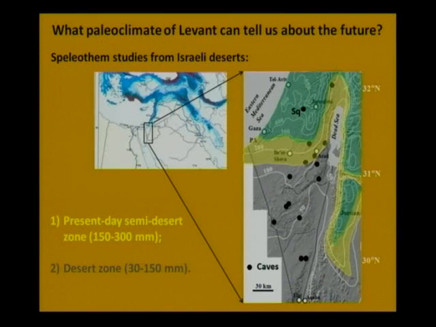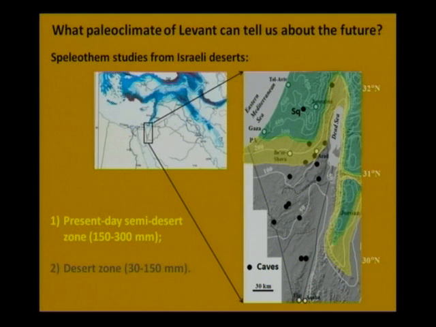Okay, so we will start talking about paleoclimate in our area. This is the research area of my PhD, in the Negev Desert, and you can see all these dots are caves, from Malay Ephraim Cave in the Dead Sea Valley, Jordan Valley here, through the northern Negev to the central and southern Negev Desert.